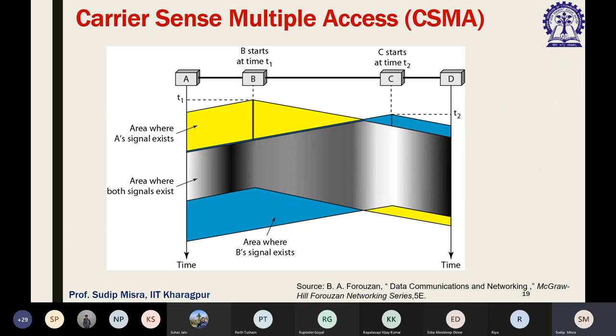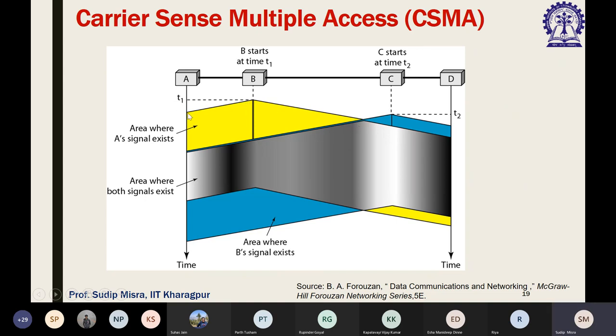Here we have 4 stations A, B, C, and D. Let us say that station B starts transmitting a frame at a particular time instant T1. So the first bit of the frame by B is going to be transmitted like this.